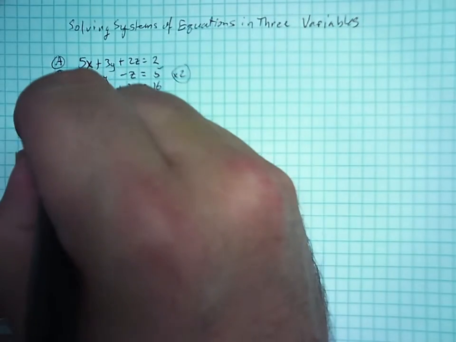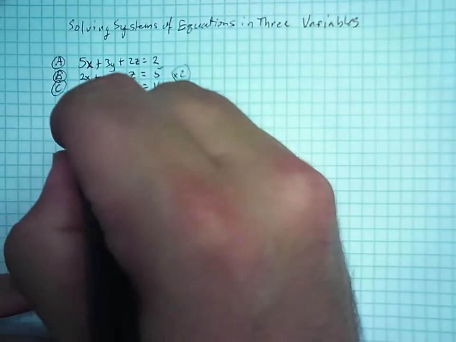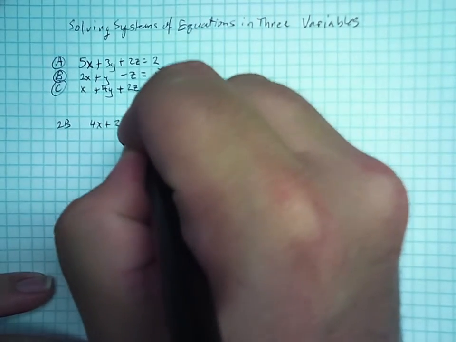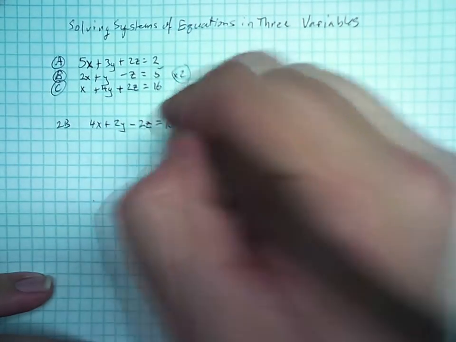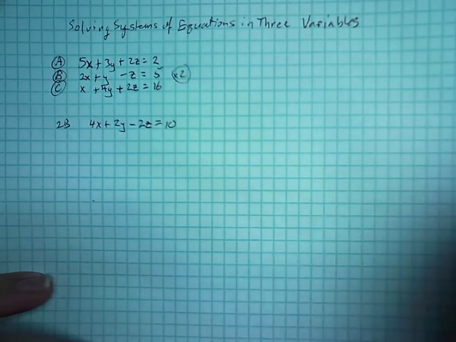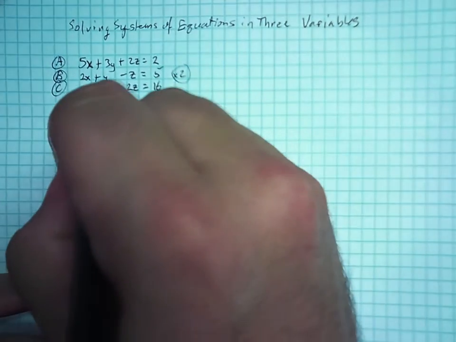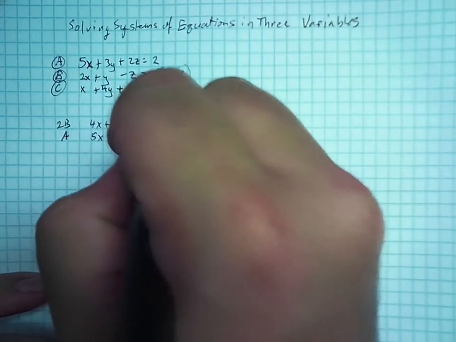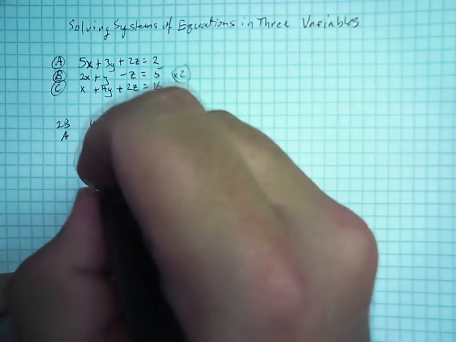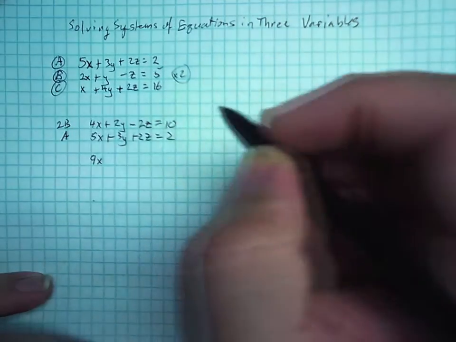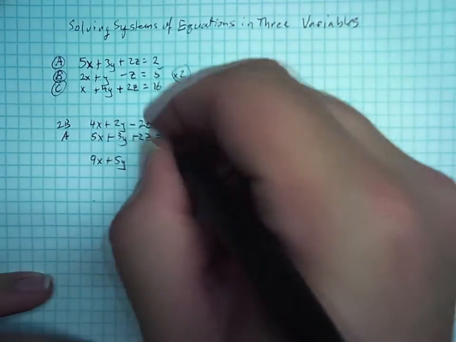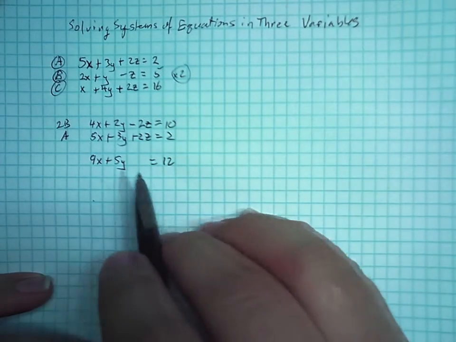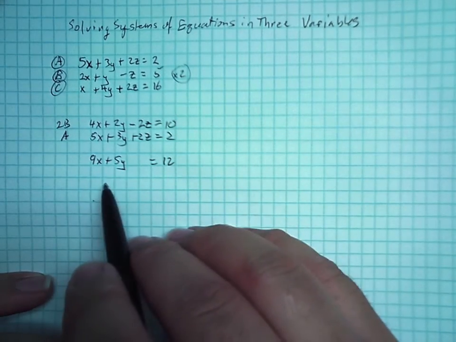So if I take B and multiply it by 2, that's going to give me 4x and 2y minus 2z equals 10. So that's twice B. And I'm going to add that to A, which is 5x plus 3y plus 2z equals 2. And when I add those, I get 9x and 5y. The z's cancel, and I end up with 12 over here. That's one equation with two unknowns, but I need two of those.